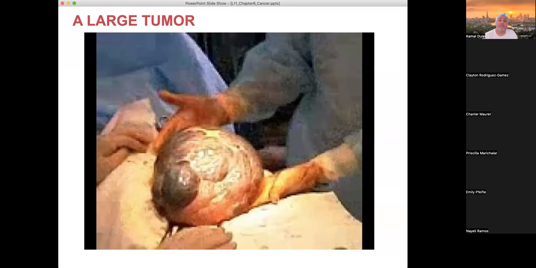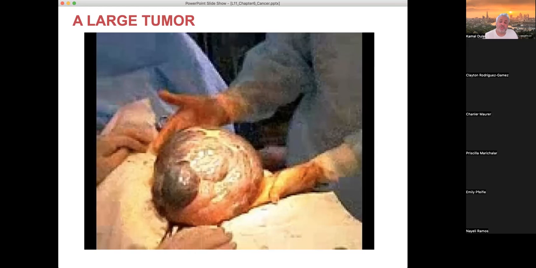But when they went into the abdomen to remove the fat, they found this, a basketball-sized tumor. Now, the patient was healthy. The patient was alive. They didn't have any signs of any kind of disease, other than being overly obese, right?